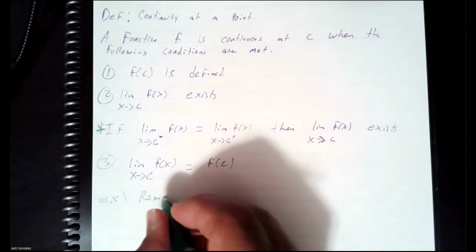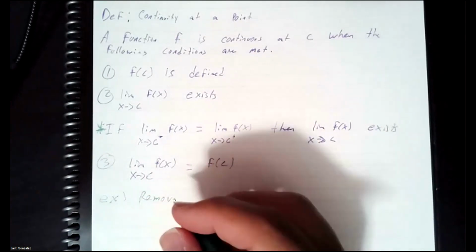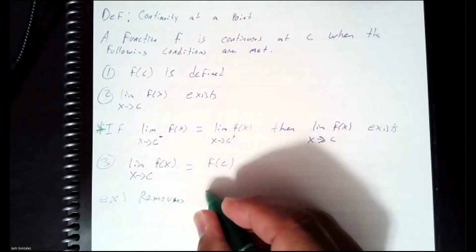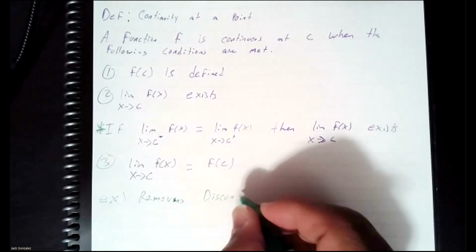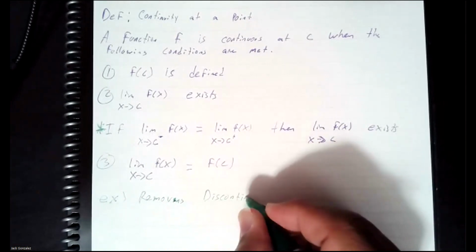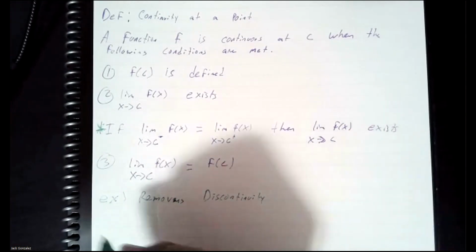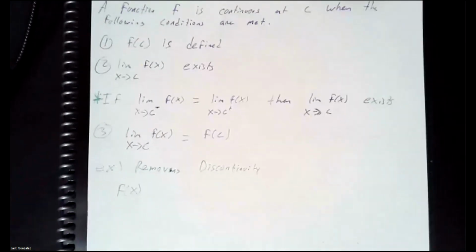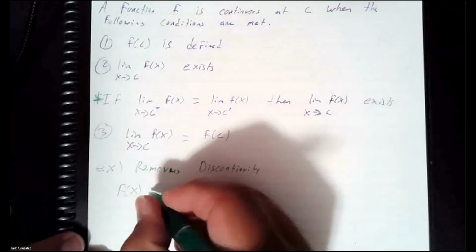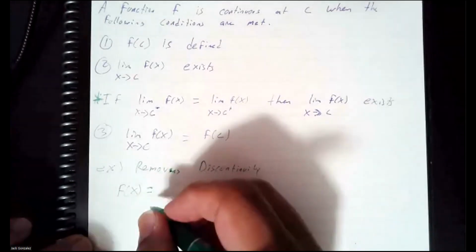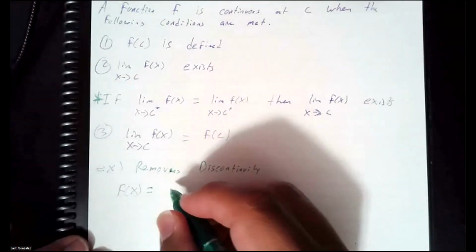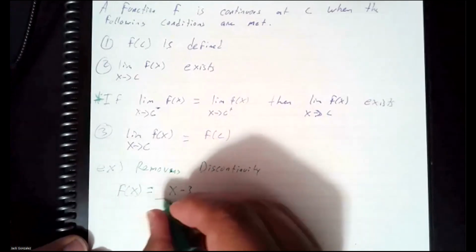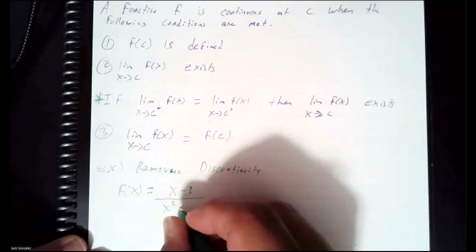This is an example of a removable discontinuity. Let's go over it one more time, real quick. So f of x is equal to x minus 3 over x squared minus 9.